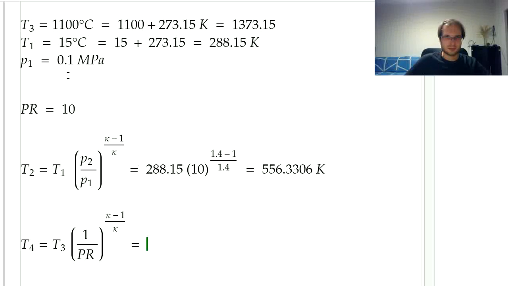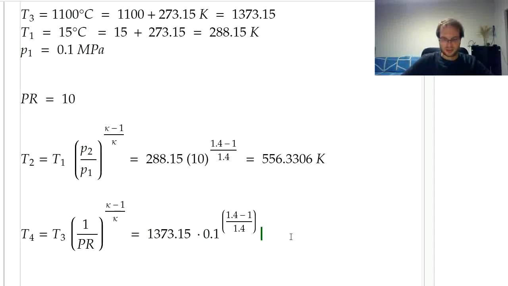Now we are far from that, but the temperature T3 stays constant from the problem statement, 1373.15, times 1 over pressure ratio, which is now 0.1, and raised to the exponent kappa minus 1 over kappa.